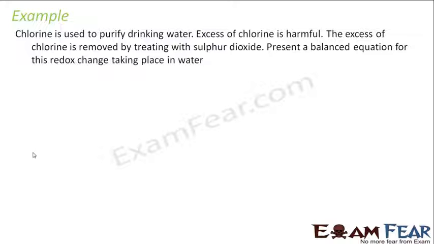The question says chlorine is used to purify drinking water, but excess of chlorine is harmful, and the excess of chlorine is removed by treating it with sulfur dioxide, and you have to find the balanced equation for this. So the question says chlorine is removed using sulfur dioxide, and water is also there in this, right?